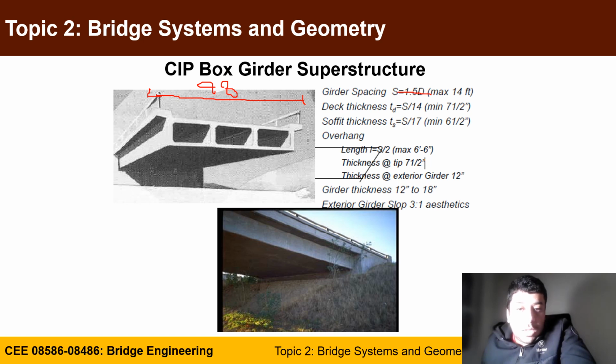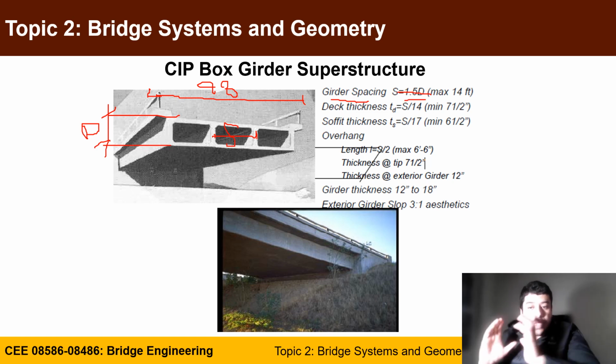What you usually do is make sure you already have the minimum depth, or the depth that you choose for your girder, which is this dimension. You have to size your structure. The girder spacing, which is the distance from the center of one girder to the center of the other girder, this S, has to be, as a starting point, 1.5 times the depth.